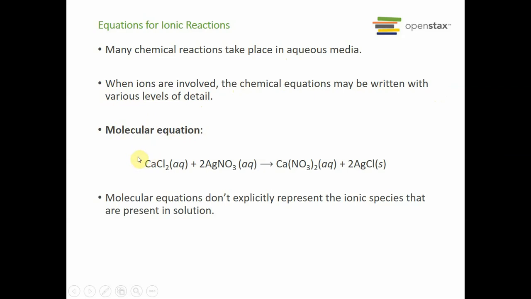So this is an example that calcium chloride, which dissolves evenly in water and becomes aqueous, will react with 2 formula units of silver nitrate, which also dissolves in water and is aqueous, and it gives rise to calcium nitrate, which also dissolves in water, it's aqueous, plus silver chloride, which precipitates out of solution as a solid.